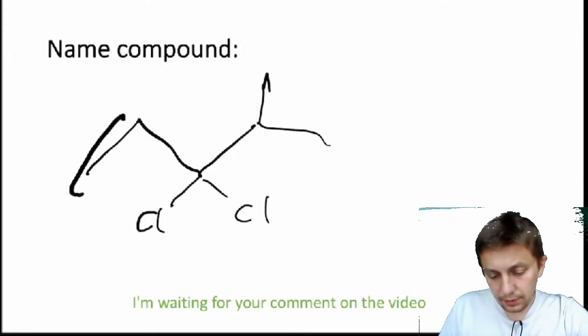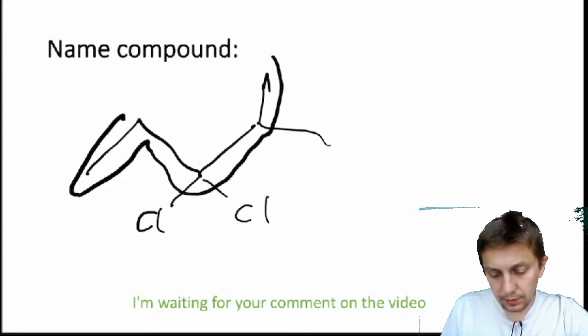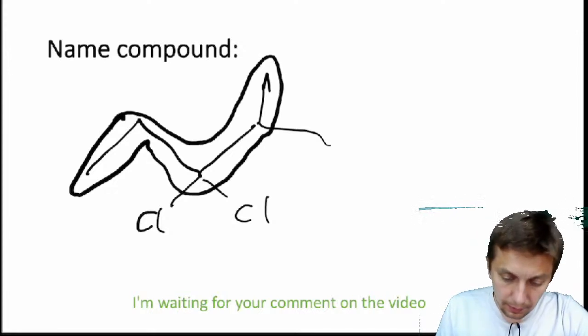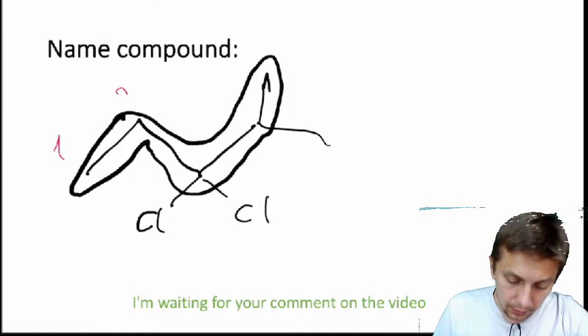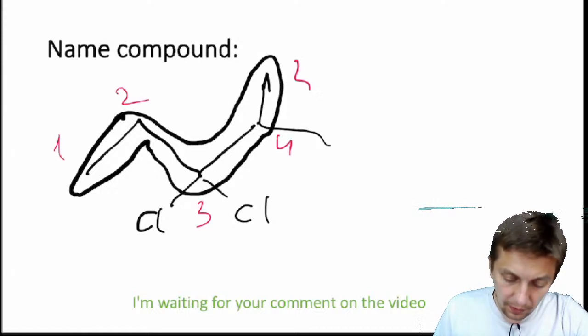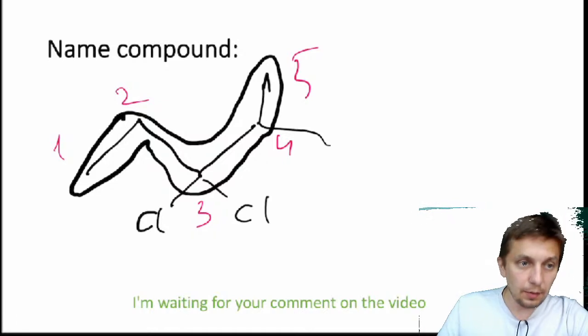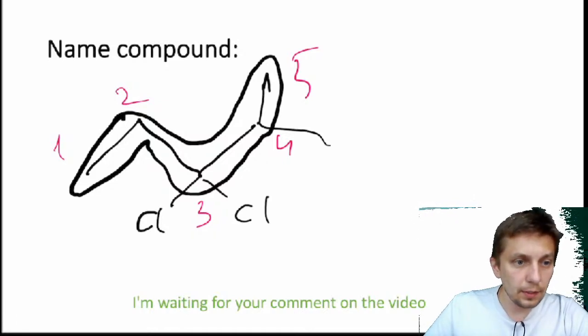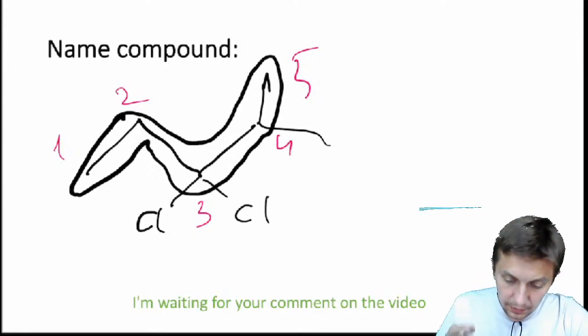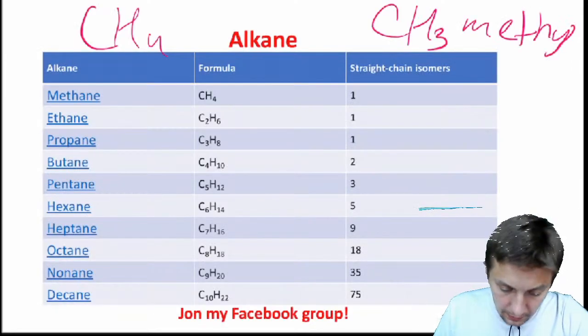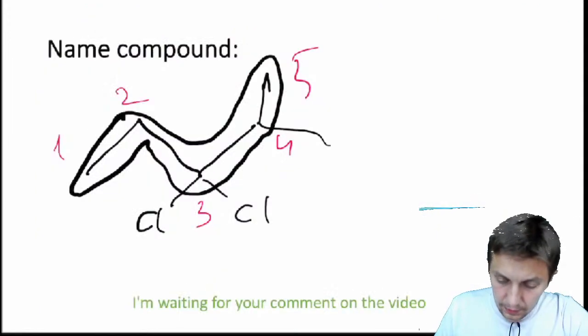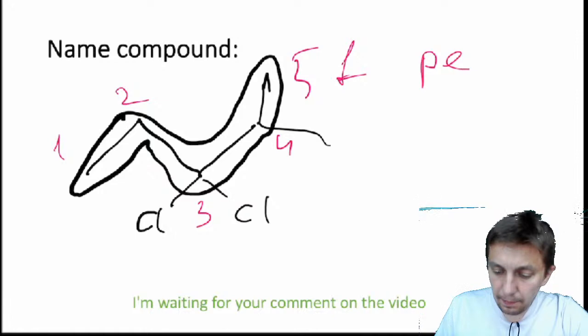I think this chain is longest. So how many atoms in the longest chain? 1, 2, 3, 4, 5. In this case, 5. How do we name compounds with 5 carbon atoms? According to this table, it's pentane. So first, the root must contain pent.